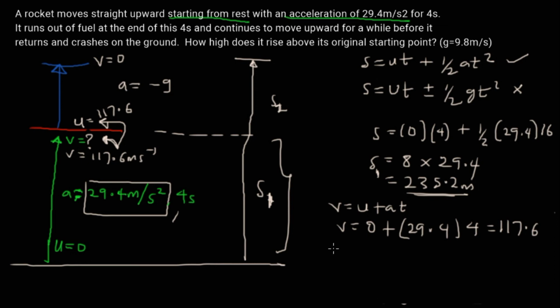So in this case we can make use of s equals ut minus half gt squared.